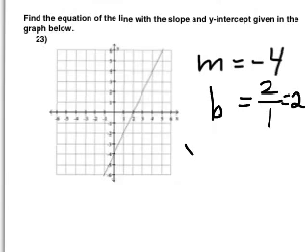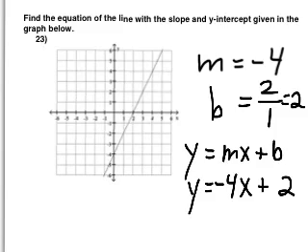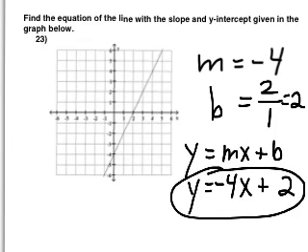Okay, so if we have this slope-intercept form, y equals mx plus b, we'll just plug in the numbers we found. Slope of 2, y-intercept of -4. Y equals 2x minus 4. Pretty easy, don't you think?